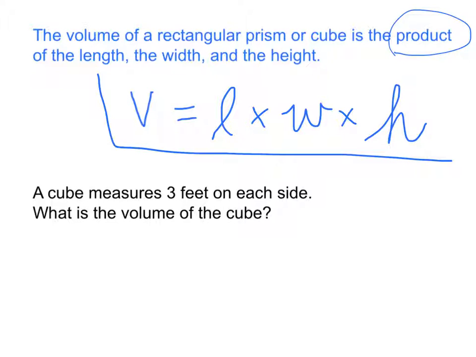Write this down. Let's think about the cubes. It says a cube measures 3 feet on each side. What is the volume of the cube? Now, how could you solve this problem? When you read a word problem about a cube, what's the first thing you should always do?